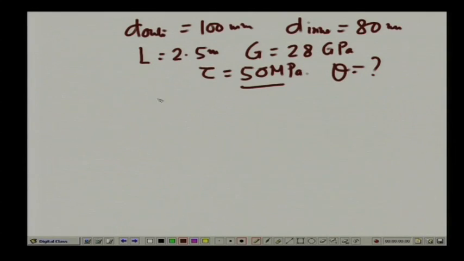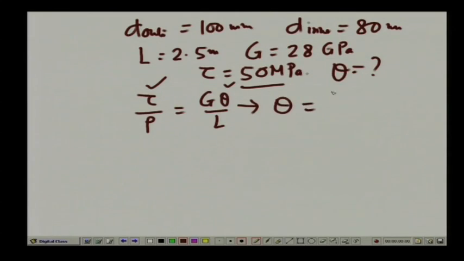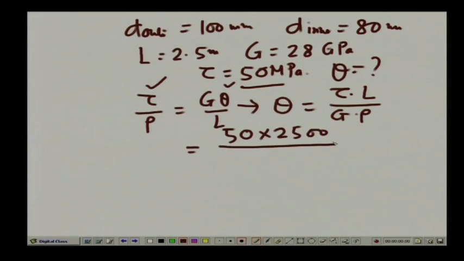So, now that we know tau by rho is equal to G theta by L. Now, we are taking this relationship because shear stress is limited, we will have to find out theta. So, this gives us theta as equal to tau times L by G times rho, and if we substitute the values, tau is limited to 50 MPa, length of the member is 2500 millimeter, G is 28 GPa times 10 to the power 3 so much of megapascal, and rho.